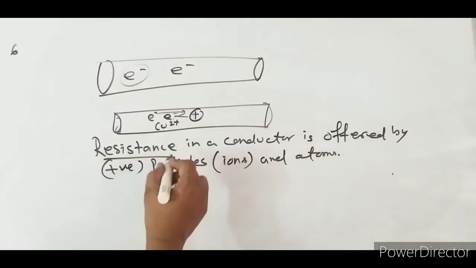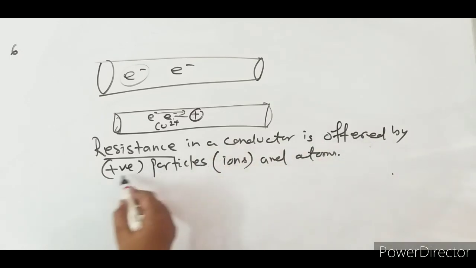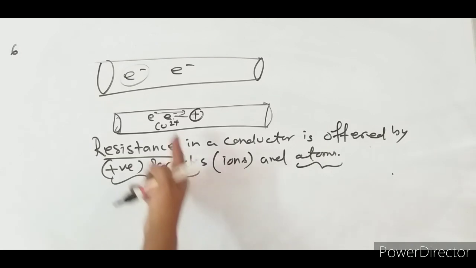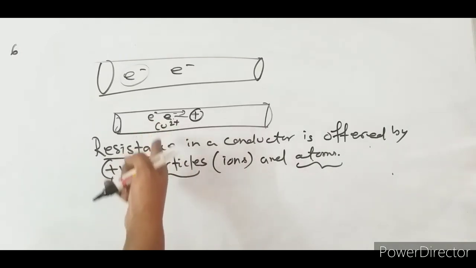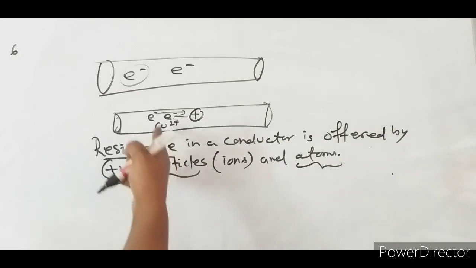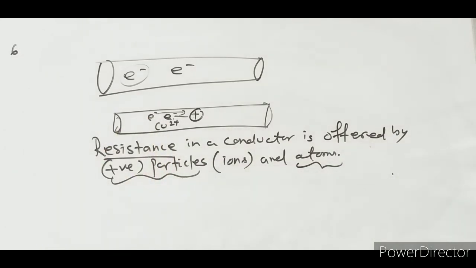So resistance is offered by the positive charge particles in the atom itself. This means the flow of current gets obstructed. When electrons are flowing, they are colliding with somebody else. Who is this somebody else? These positive ions and the atoms.